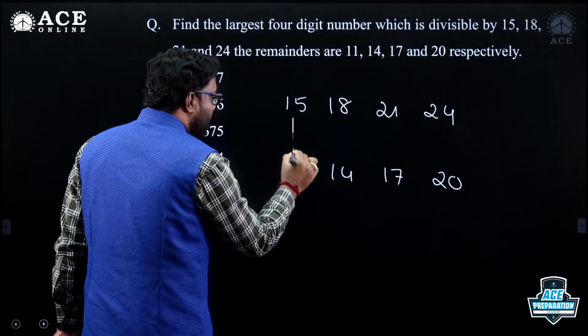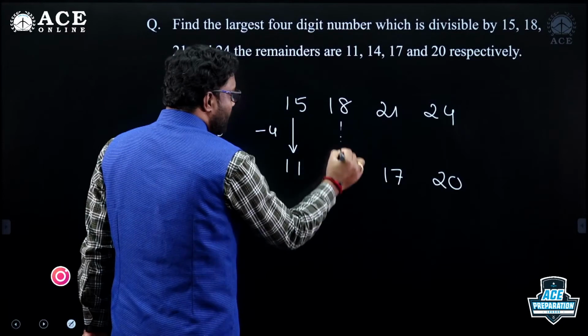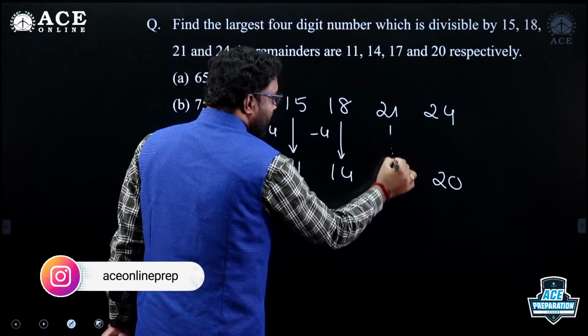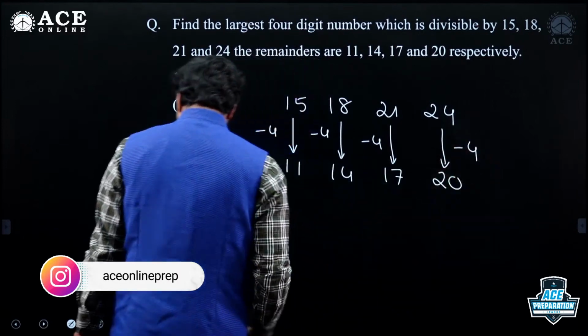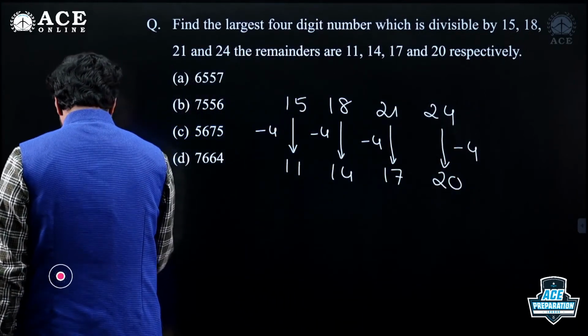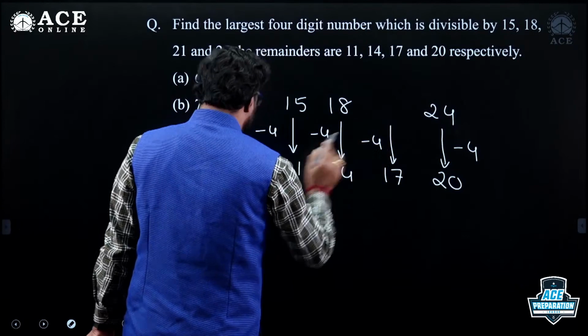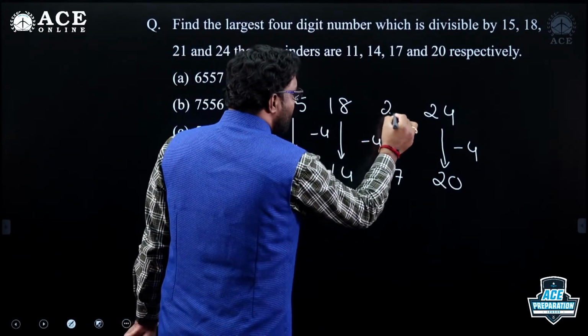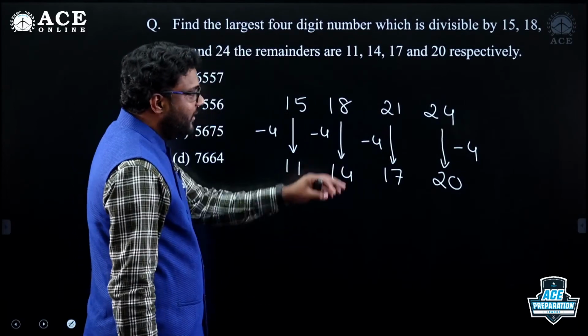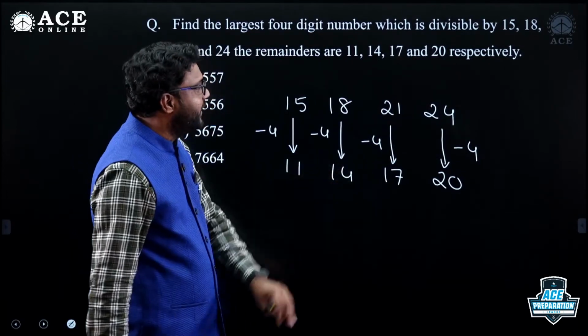Here you have a negative remainder, 4, which we can consider. Different remainders are there. As I mentioned, when you have different remainders, HCF is applicable, but LCM we cannot apply with different remainders, my dear friends. The alternative is to use the negative remainder, so we have minus 4 like that.